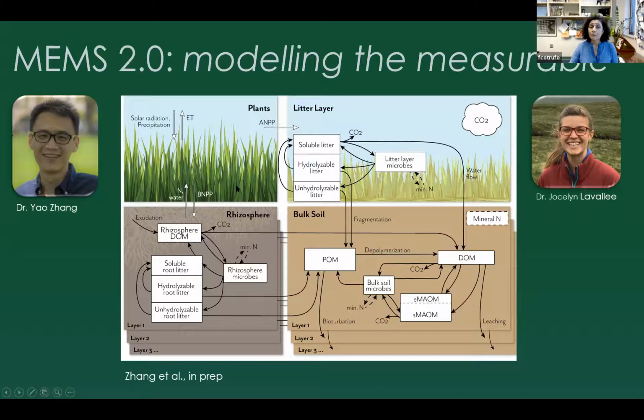And again, the beauty of this model is that everything is measurable. It includes the two pathway model, also includes work from Noah Sokol and Mark Bradford, where we separated the belowground input from the aboveground input, including exudation and a lot of other processes, and also explicitly has different layers so that you can model the carbon and nitrogen dynamics through the profile.